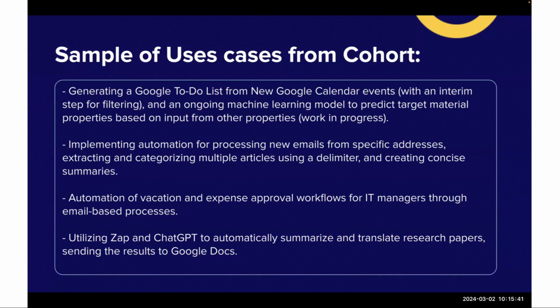And then we've seen people automating, for example, IT workflows, like an approval process. There's someone who's an IT manager, and he gets all kinds of emails from team members asking for vacation approval and things like that, and he's trying to automate that process using Zapier.